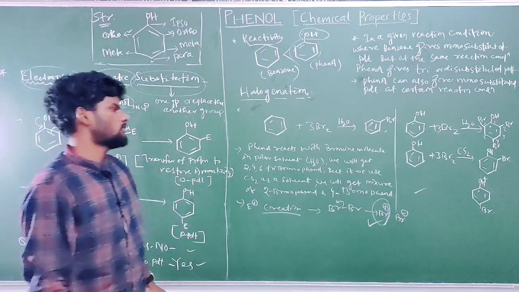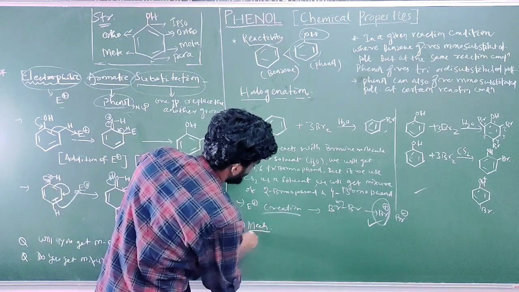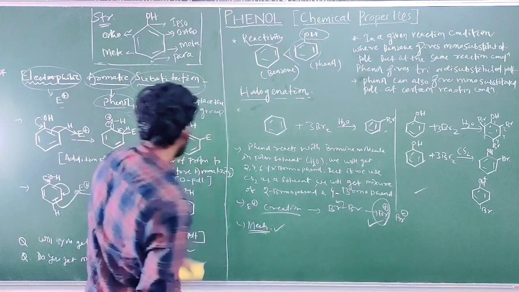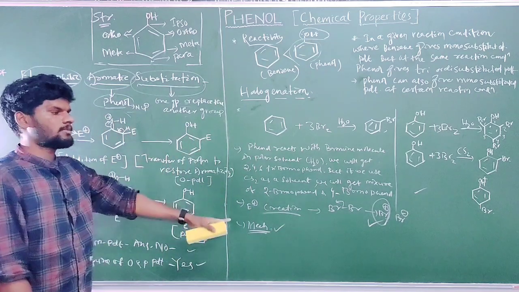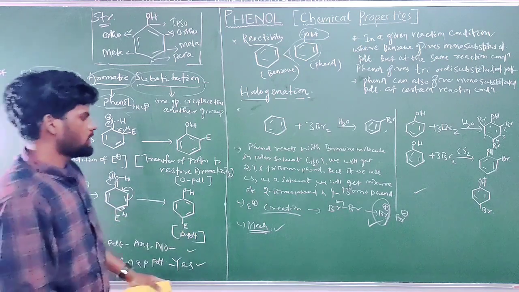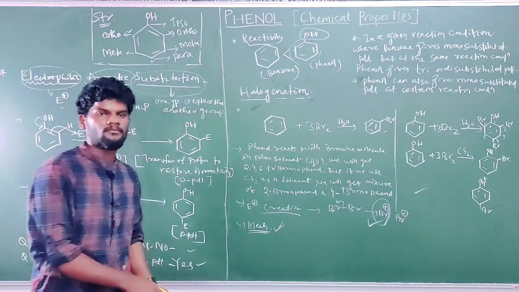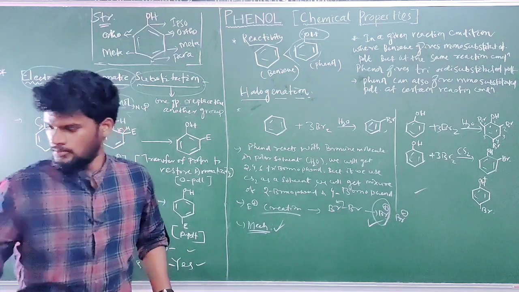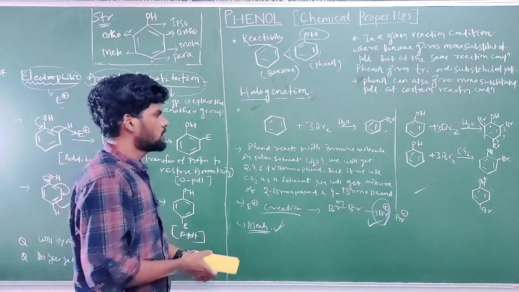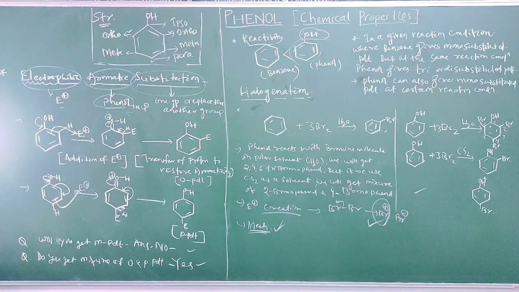Understood? You should practice the mechanism again. The more you practice the mechanism by replacing E plus with Br plus, the more the concept will be clear. I repeat, write the mechanism in your notes. So take a screenshot on your mobile.